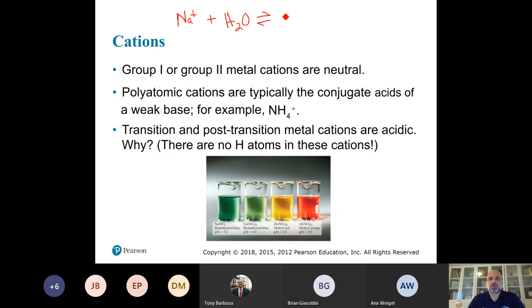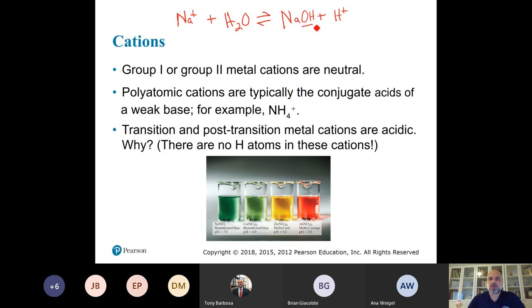In order for this to react with water, you'd have to react it to give sodium hydroxide plus a proton, which doesn't make any sense, right?